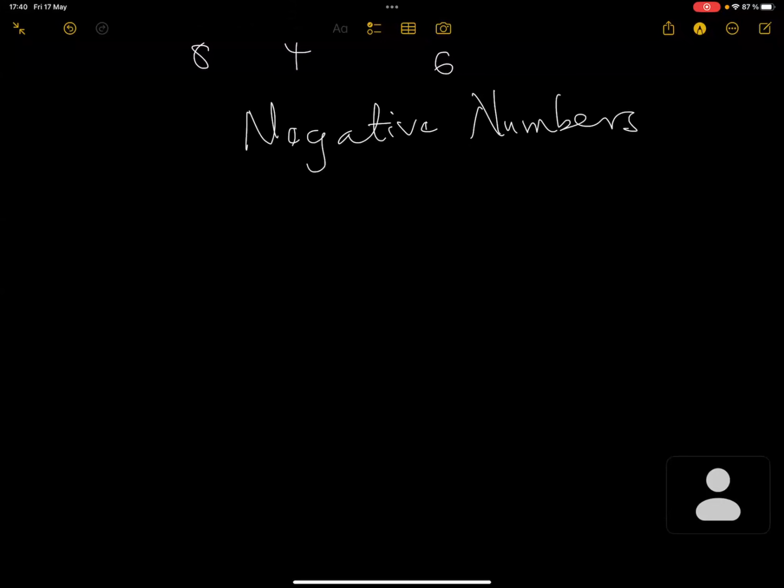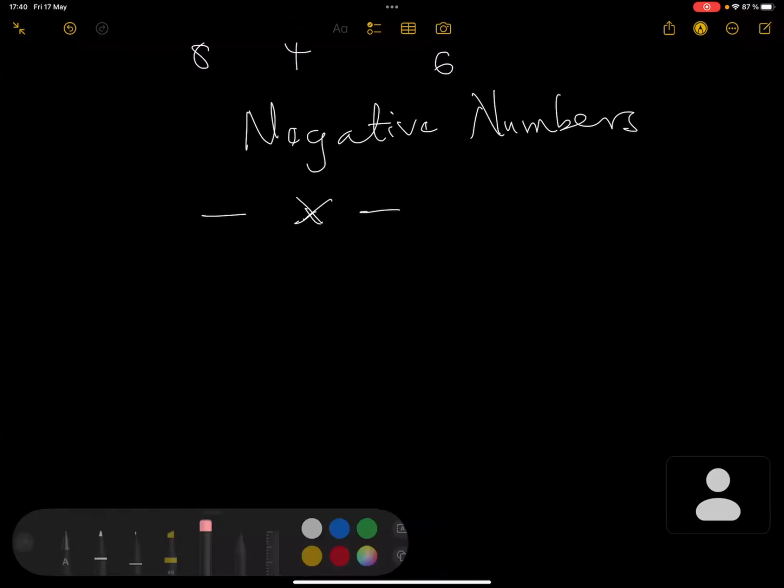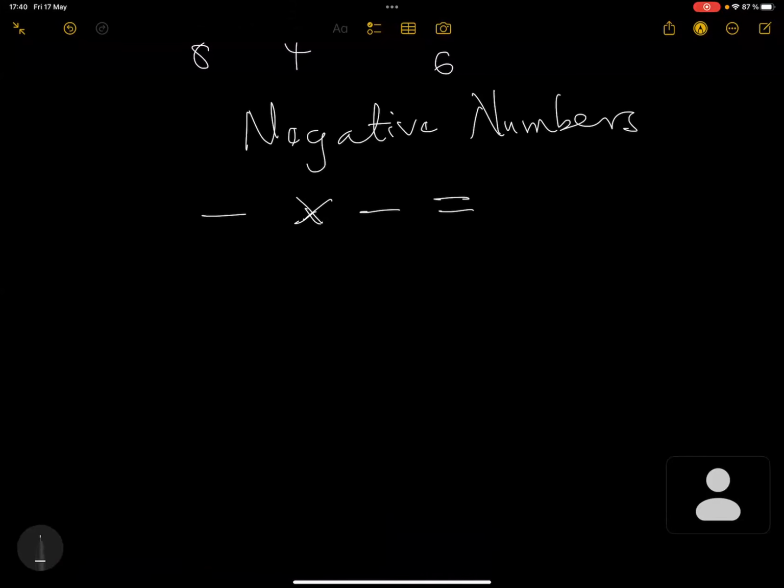So we talk about multiplication of these signs, like minus multiplied by minus. Let me get the eraser from here. Okay. Go back to my pen.